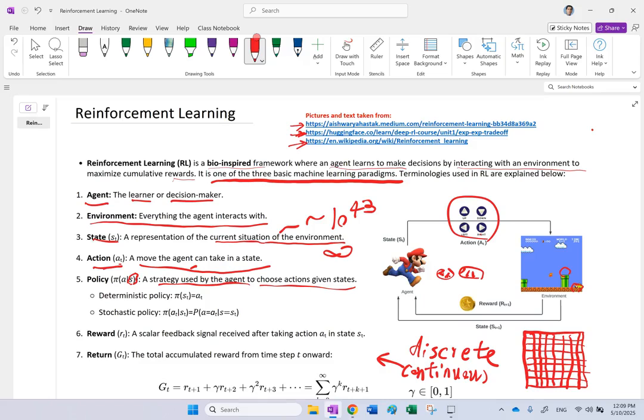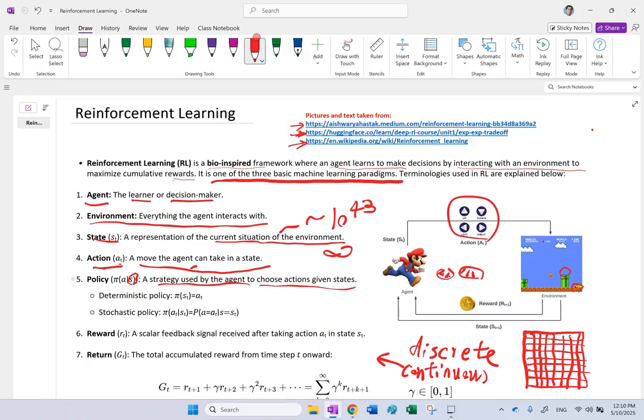In chess, if in the next move your opponent is going to take your queen, one of your options is to move the queen. A robot, if its state is very close to a wall, probably the action is to divert, turn around, or slow down.